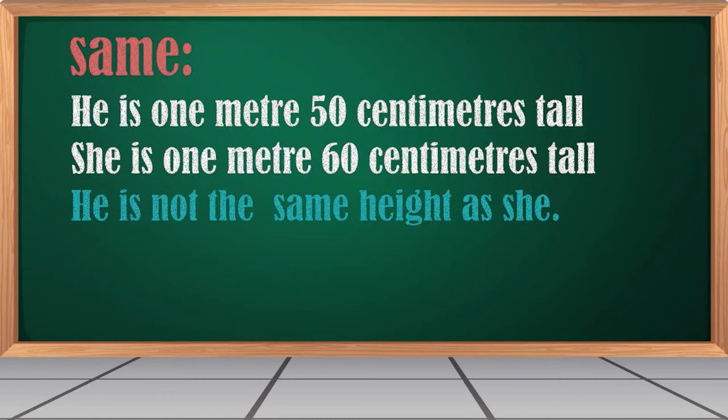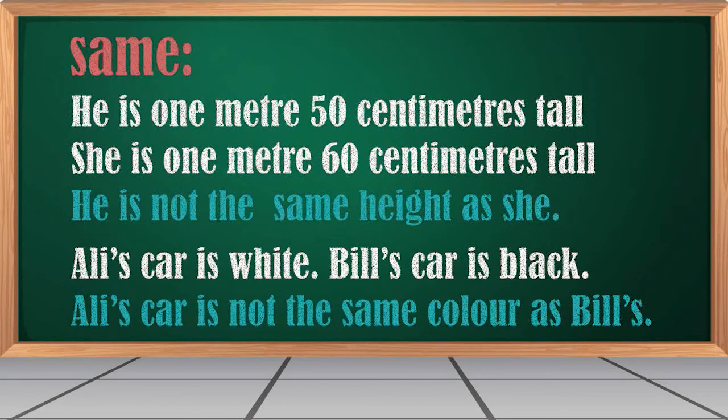Number 4. Ali's car is white. Bill's car is black. Two sentences joined together to become one with the word same. So the sentence should be, Ali's car is not the same color as Bill's.